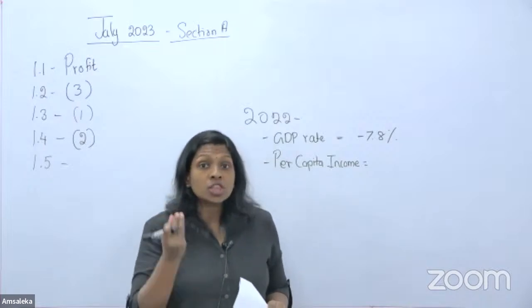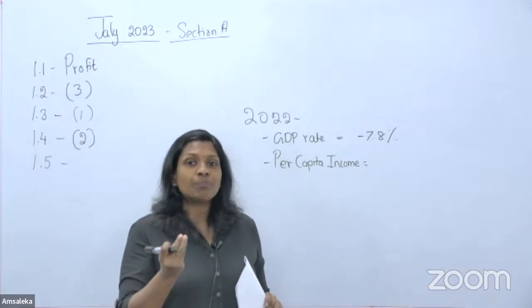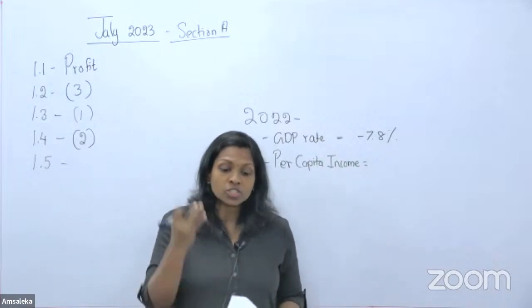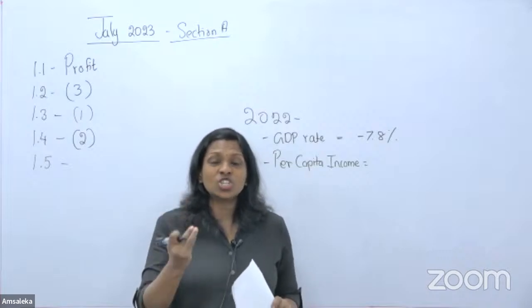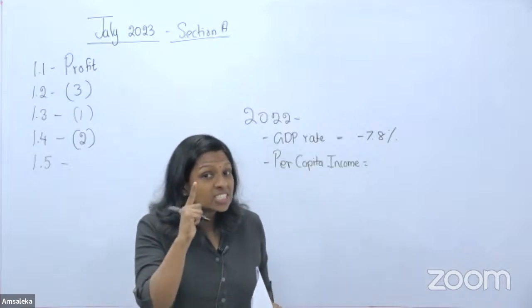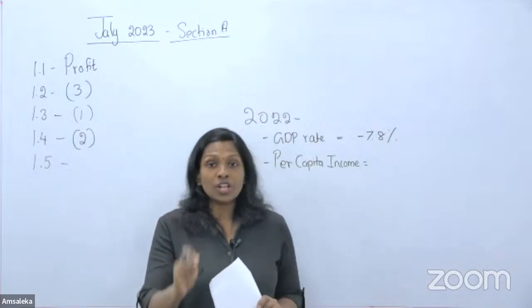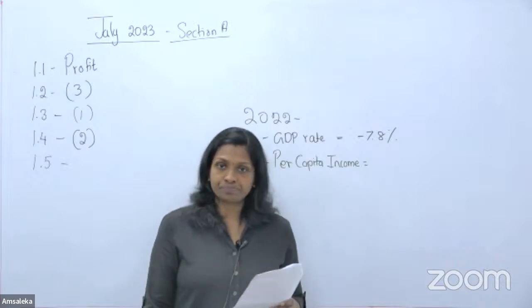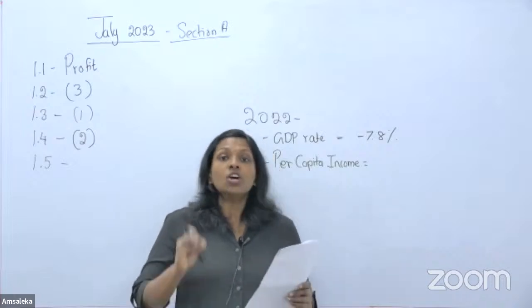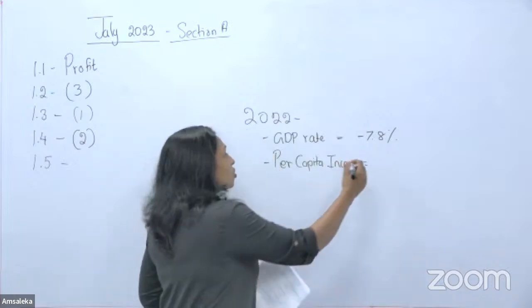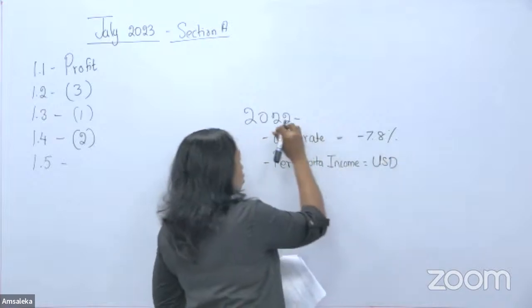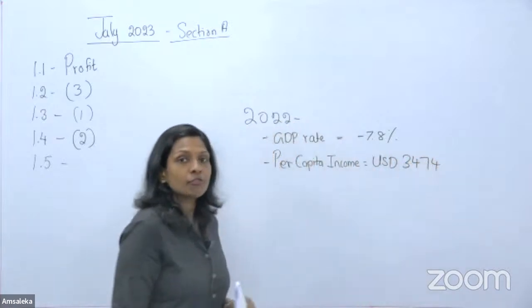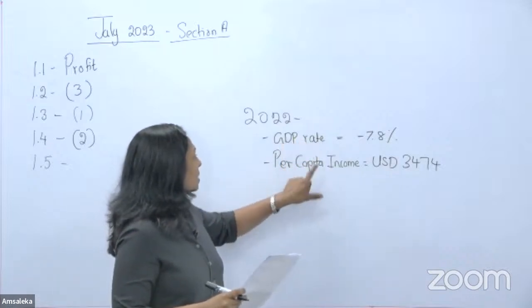How much worth of real GDP is received for each person? It will be given in USD dollars. According to 2022, it's 3474. So please remember these two.